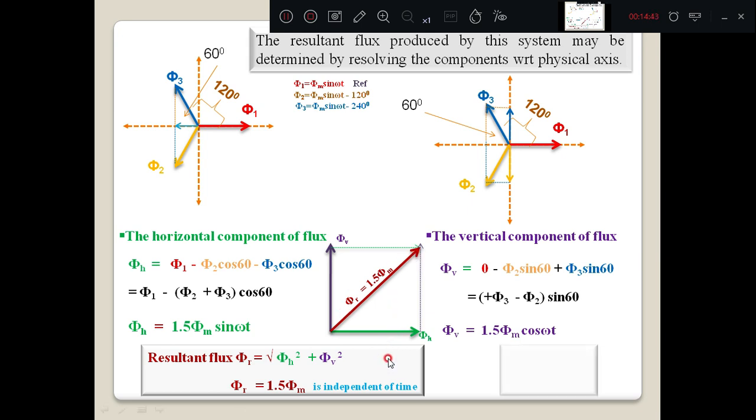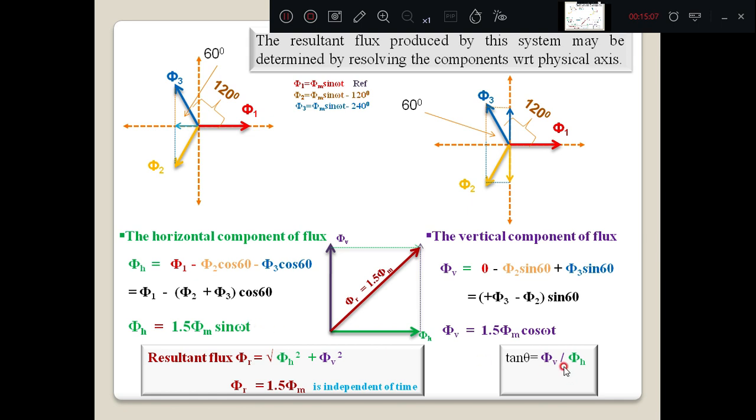That is the direction. What I am getting here is tan theta is equal to the vertical component divided by the horizontal component, that is the opposite side divided by the adjacent side. Therefore, if you put the value here, what I am getting is cot omega t, that is cos omega t divided by sin omega t.